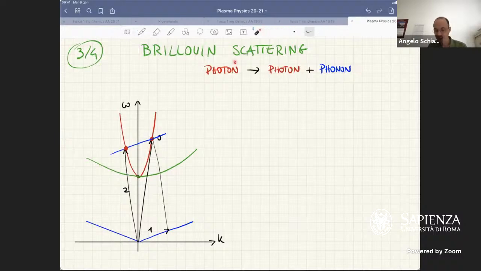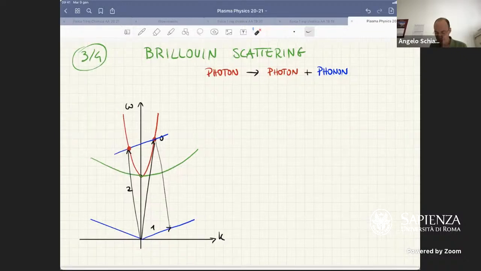For instance, here you shoot a laser, a photon from the outside, and when you have the Brillouin scattering, what is happening is that you couple to the plasma a phonon here, which has little energy, small omega, h bar omega, that remains coupled to the energy, but most of the energy is given to a photon that goes back towards the incoming pulse. So actually, the plasma in this case behaves as a quite effective, almost ideal mirror.